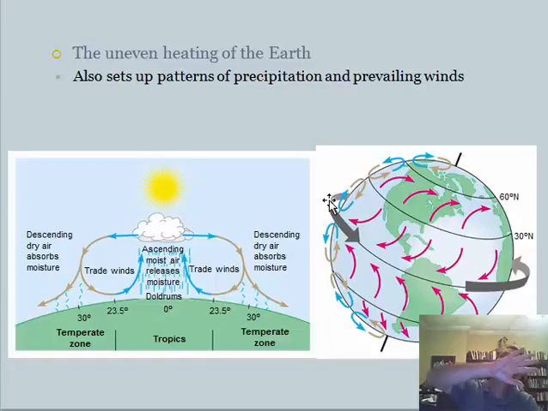When it rises, it displaces the air right above it and moves it over, and that creates a circular pattern. This circular pattern is common all over our globe, a series of circular patterns of air masses moving around, and this transfers heat. These air masses can also pick up moisture when they move over the earth, and then transfer that. So that also sets up patterns of precipitation and trade winds.